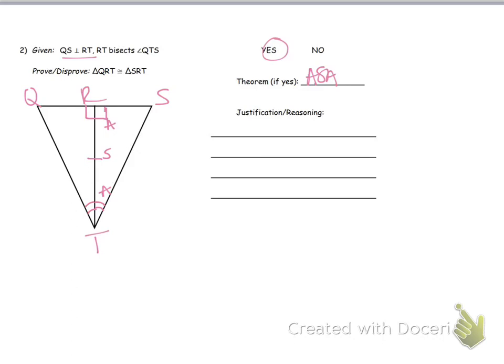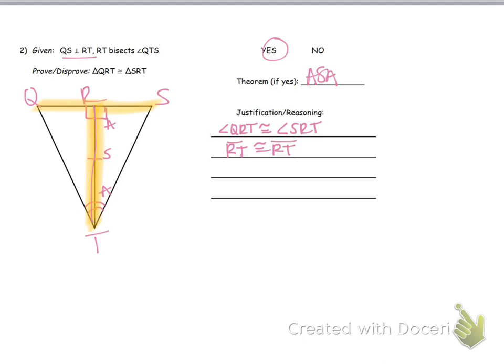So the angle, we could say QRT is congruent to angle SRT. Now we do our side, so RT, and since they share that RT, I'm going to say RT is congruent to RT.